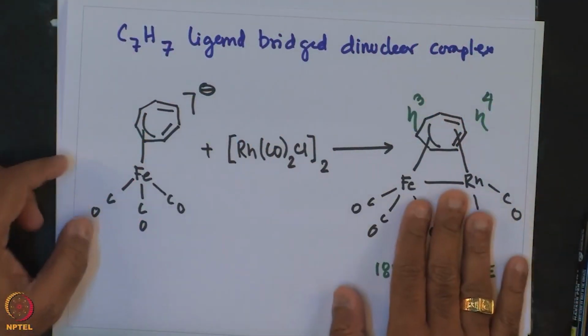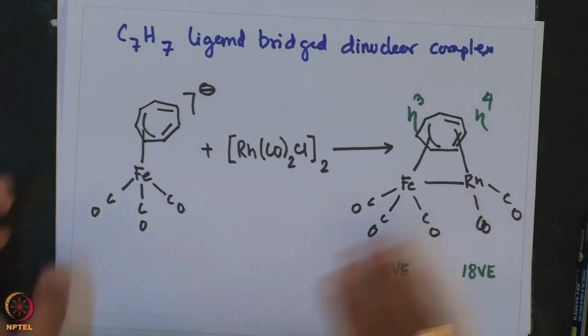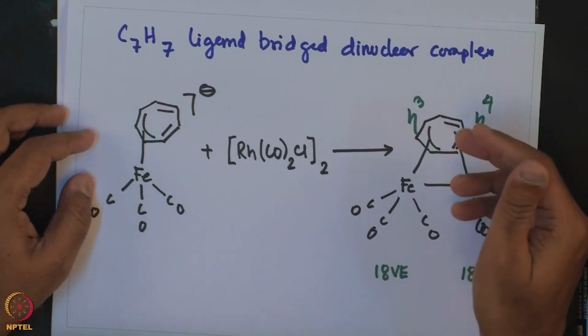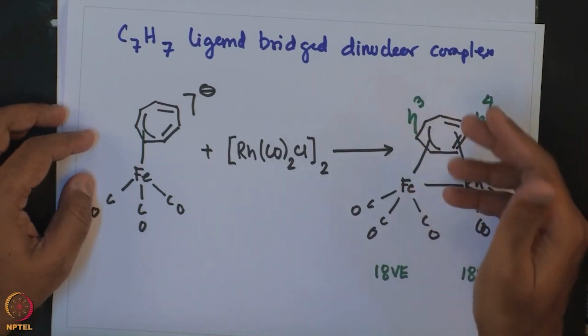So, this example is interesting in three ways. First, the C7H7 ligand can indeed bridge, and the bridging can lead to splitting of the hapticity of eta 7 into eta 3 and eta 4. Second, it can support heterobimetallic dinuclear complexes. And last of all, there is an interesting metal-metal bond formed in this heterobimetallic dinuclear complex.